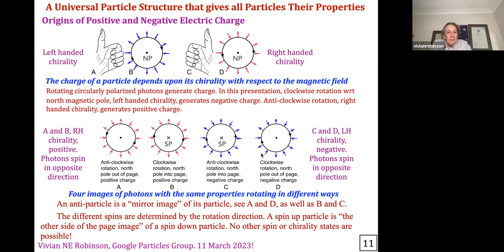Well, this is a physical reason. The different states of spin are determined purely by the direction from which you look at it. A spin-up particle is just an opposite side of the page image of a spin-down particle. No other spin or chirality states are possible. They are the only options you've got.